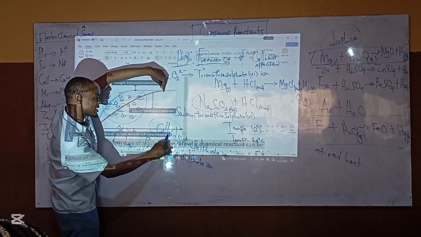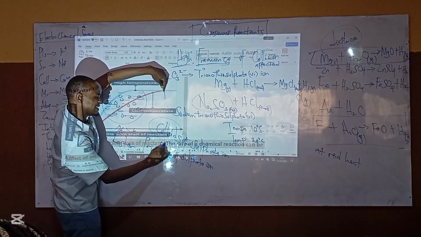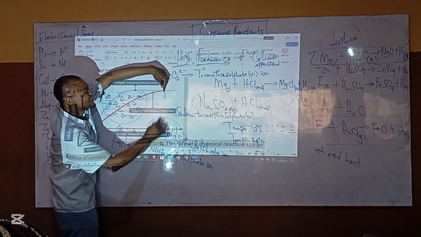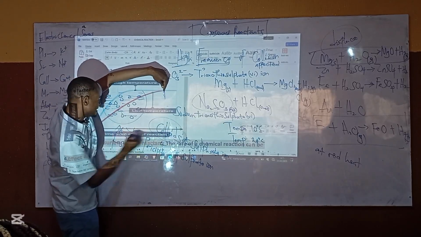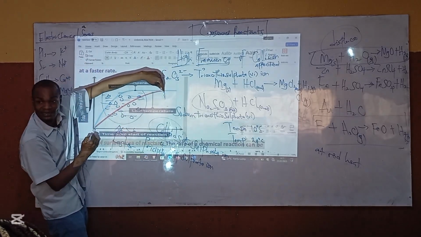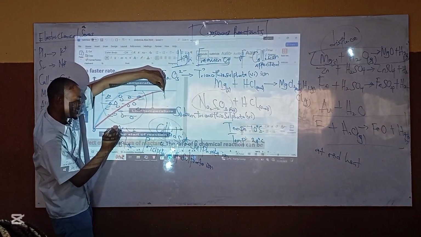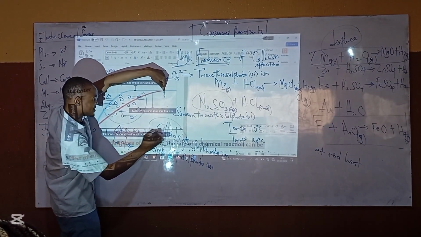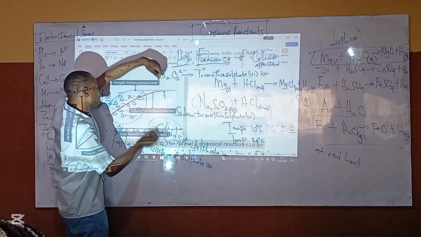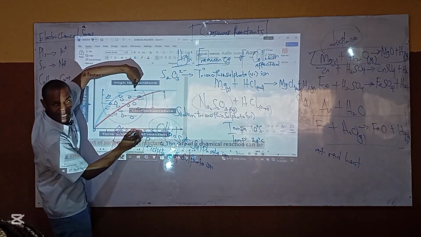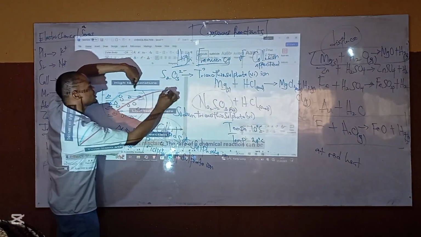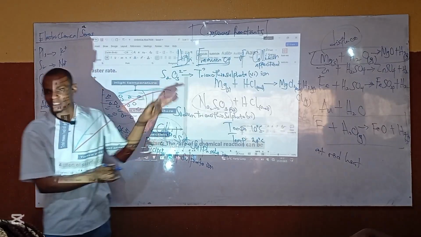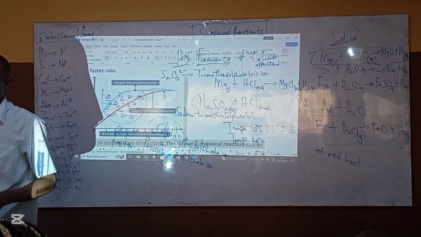This is your time axis. The time is very high because, as we are moving, this point is 0.0. Your time is increasing: 1 second, 2 seconds, 3, 4, 5, 6, 7 seconds. But look at this time here, 4 seconds, your reaction has come to the end. When you see this horizontal line, your reaction has come to the end.